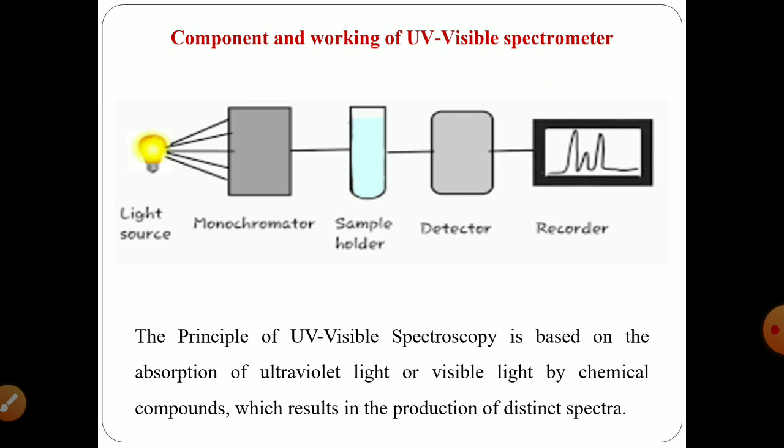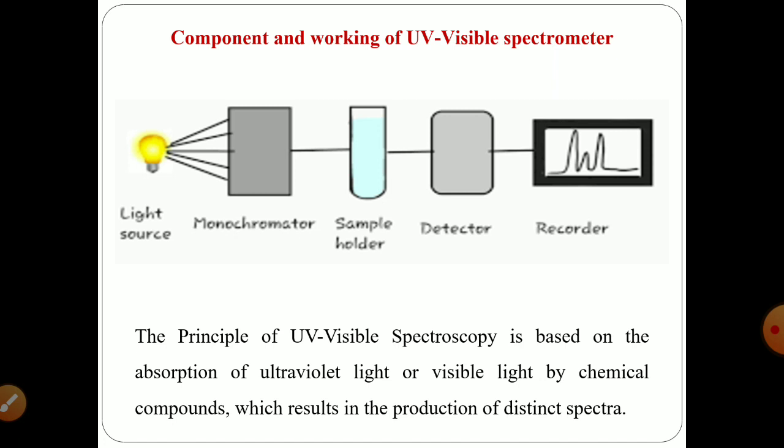On your display, you have a flow diagram of UV visible spectrophotometer, which has light source, monochromator, prism, sample holder, detector and recorder as its components. Each component has its own function in the processing of UV visible spectrophotometer.